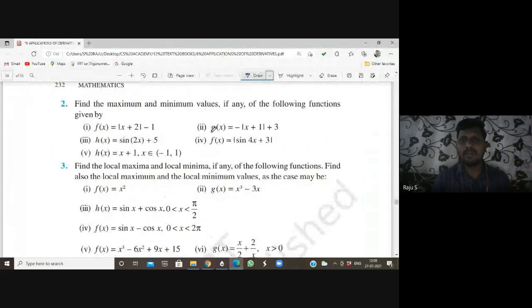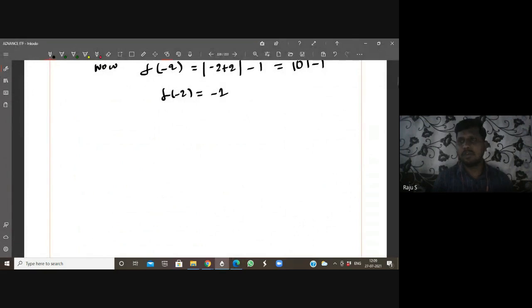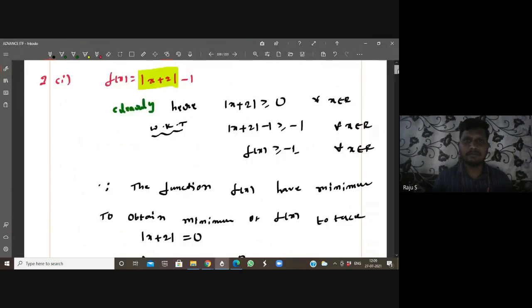Then what about g of x? g of x is equal to minus of modulus of x plus 1, plus 3.